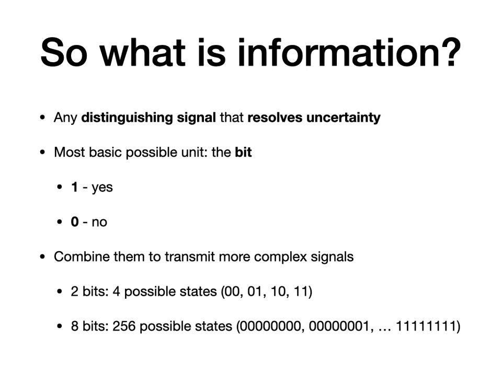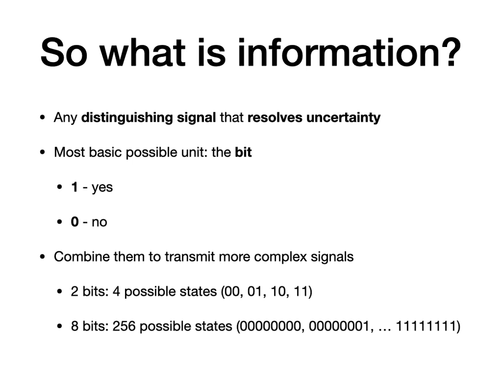All of that is ones and zeros moving around, resolving uncertainty, giving something to do that's not random noise. So we combine these to make more complex signals. So you can have 2 bits, which has 4 possible states, 0 0, 0 1, 1 0, and 1 1. 8 bits has 256 possible states.